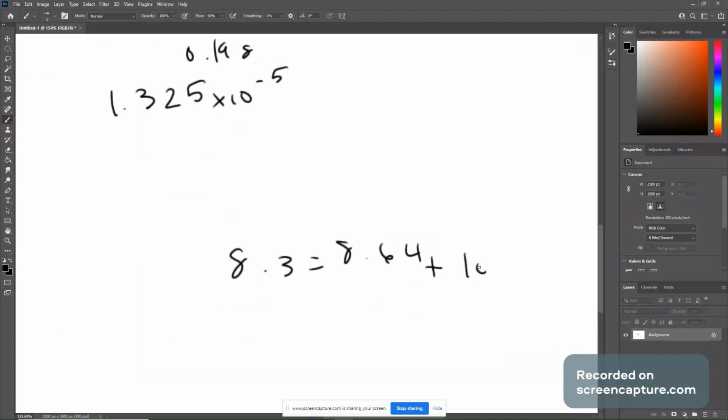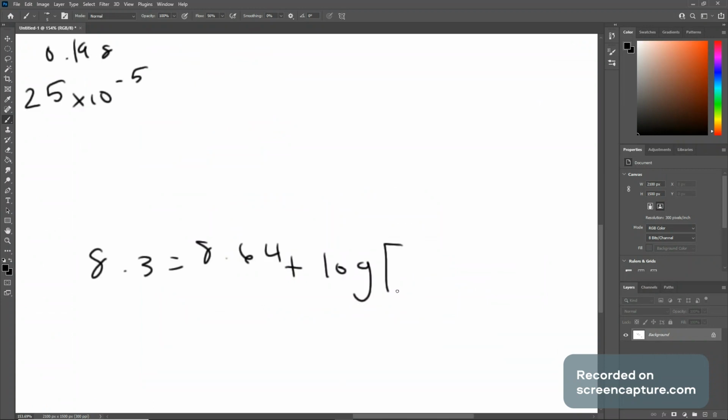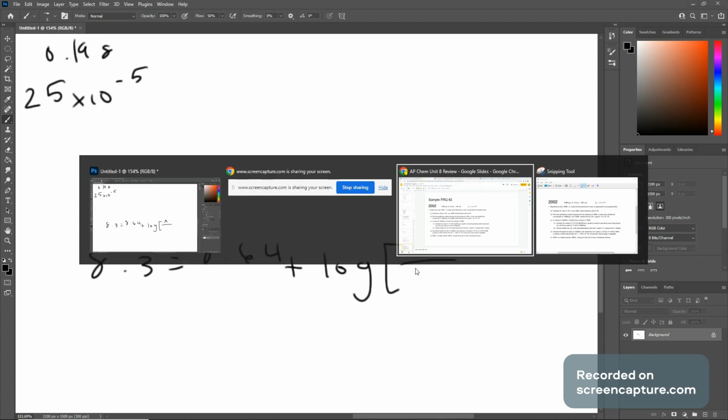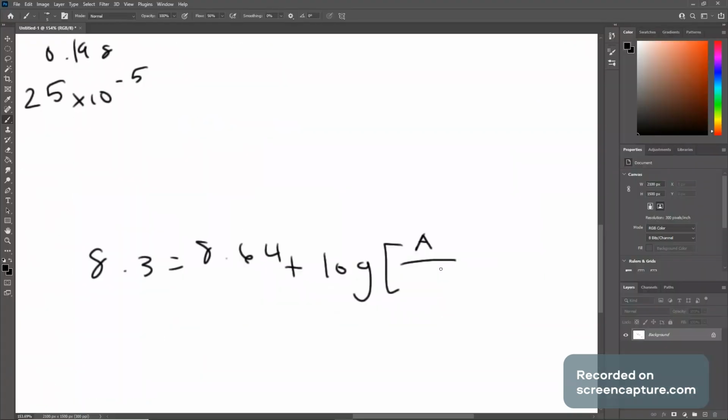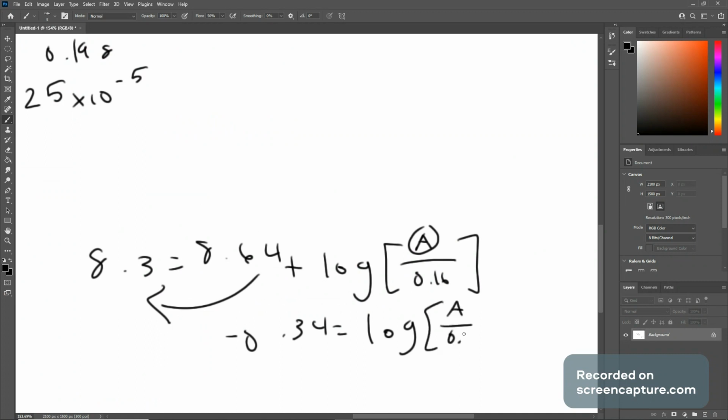plus log of your conjugate base over the concentration of your acid. And we found out that it's 0.16 molar. So you solve for A. If you move that over, it becomes negative 0.34 equals log of A over 0.16.